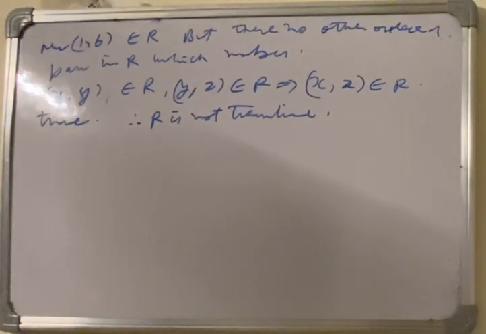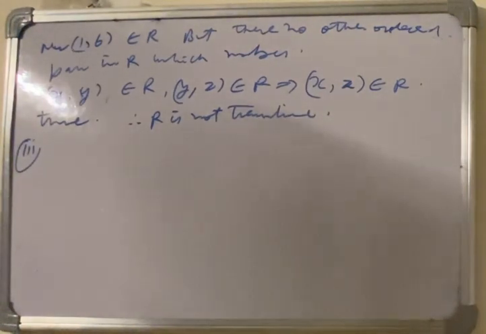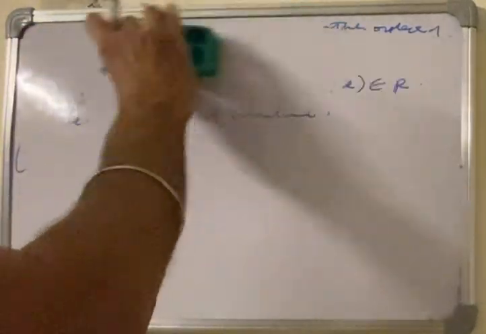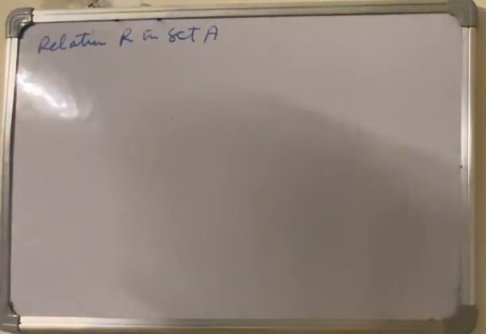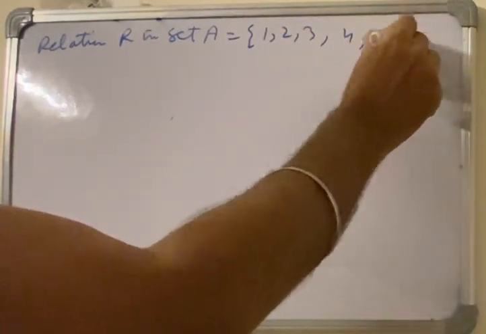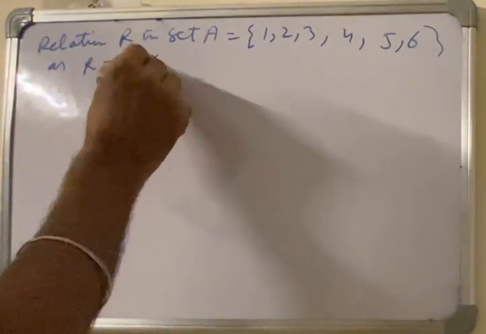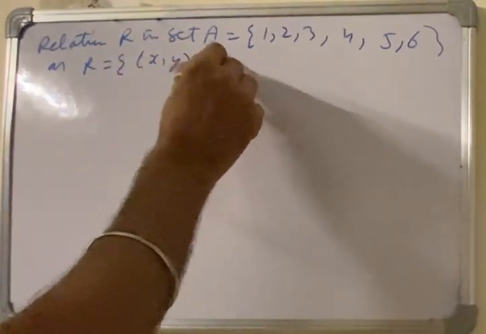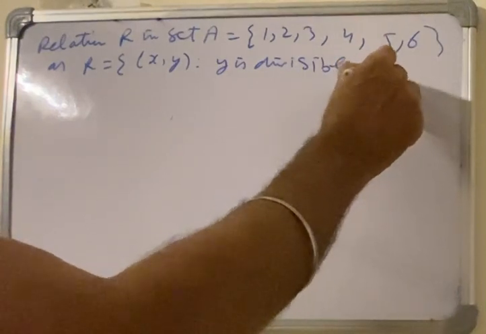Then we take third part. Relation R in set A equal to {1, 2, 3, 4, 5, 6} defined as R equal to {(x, y) such that y is divisible by x}.